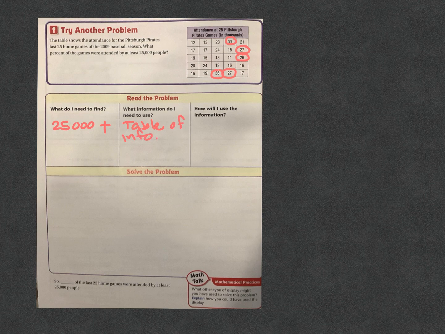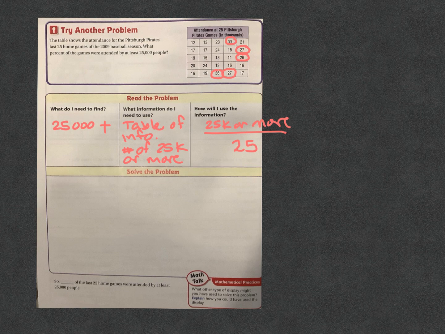And I needed to know the number of 25K or more. How am I going to use that information? I'm going to compare the number of 25K or more items and divide it by the total possible amount of games of 25. That's how I'm going to use that.